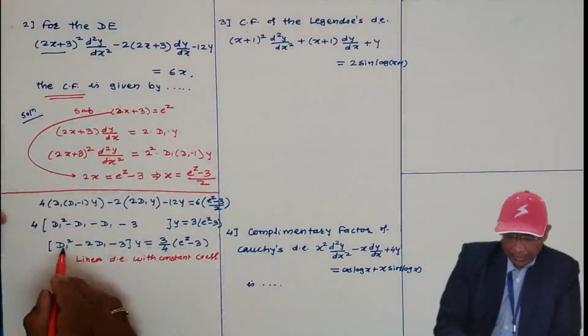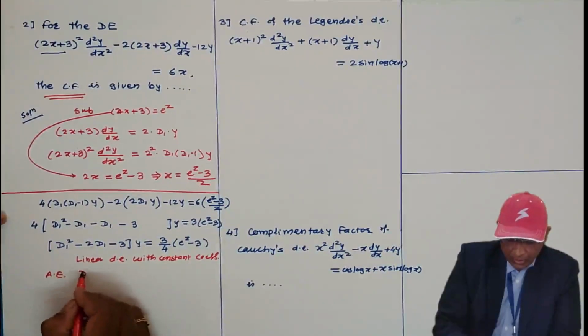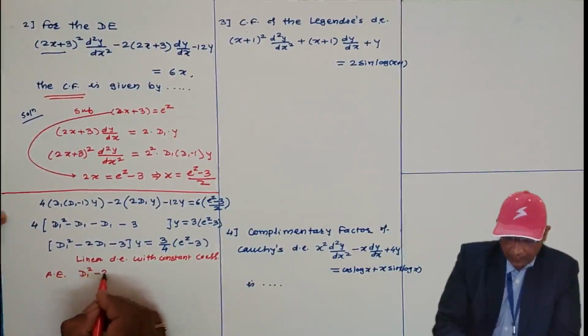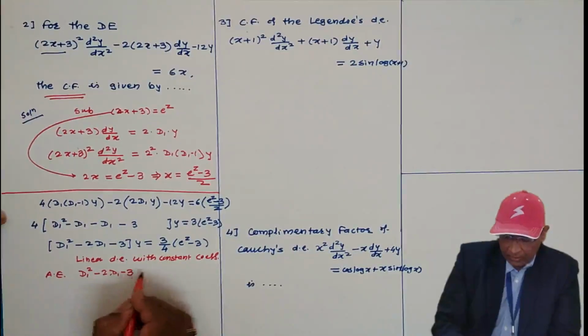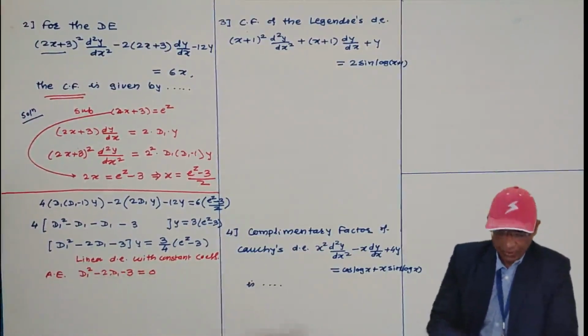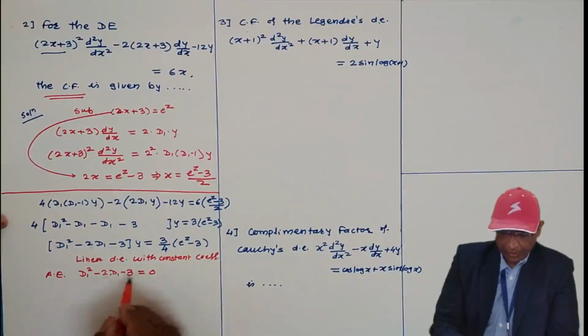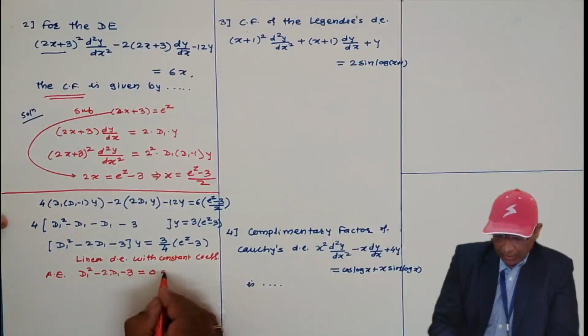So how to find it? This coefficient of y we have to equate to 0 so as to get the auxiliary equation. This we have done previously in linear differential equation with constant coefficients in the first video. A lot of practice we have done on this. Then find the value of D1, using a calculator.